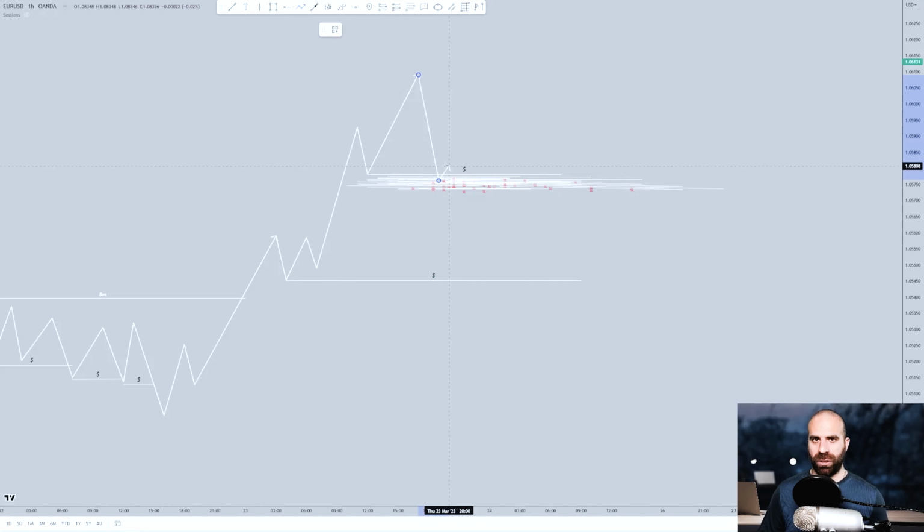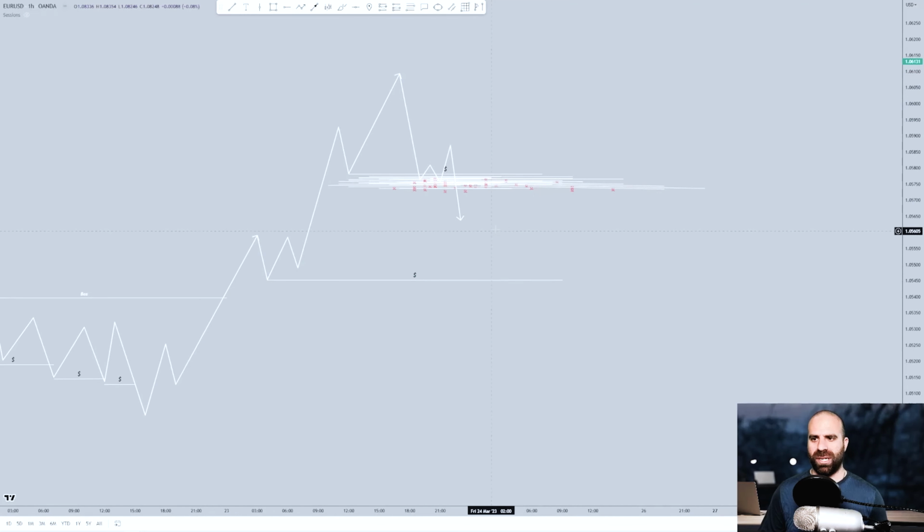More likely than not, not always, it's gonna give you a small reaction in order to manipulate more traders to enter long trades right here. And of course, sometimes it's gonna give something like that. So those traders who have fear of missing out are gonna enter even higher. And then it's gonna penetrate and it's gonna take these stop losses that you see right here.